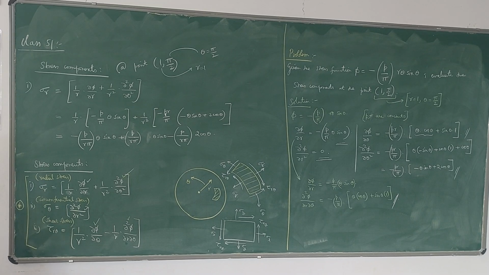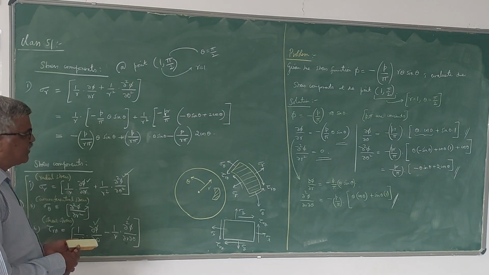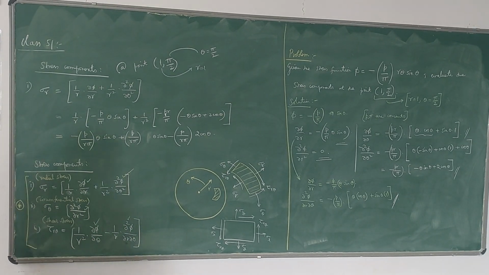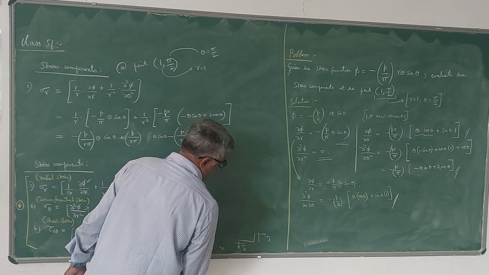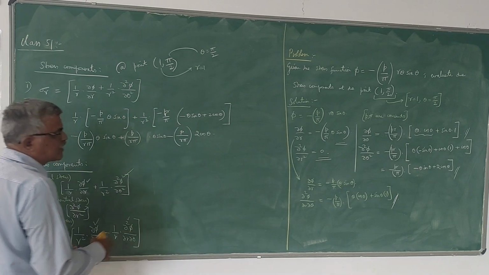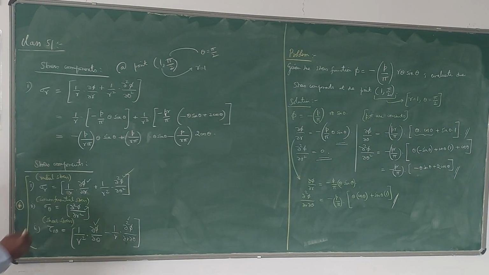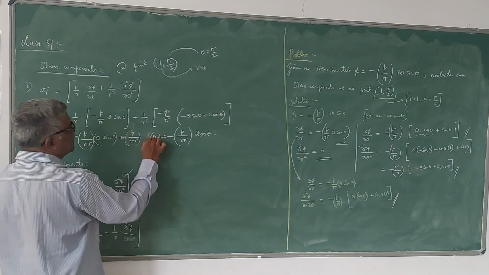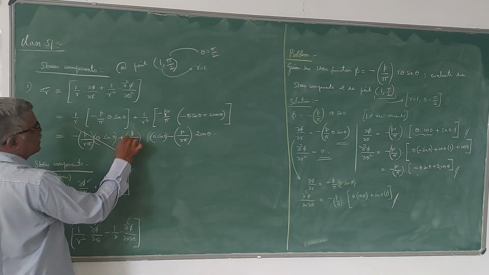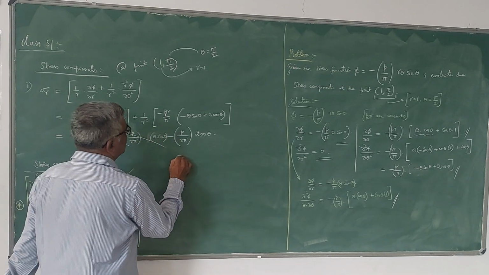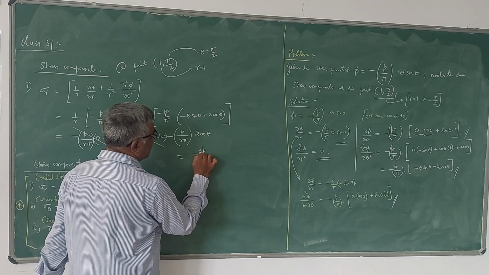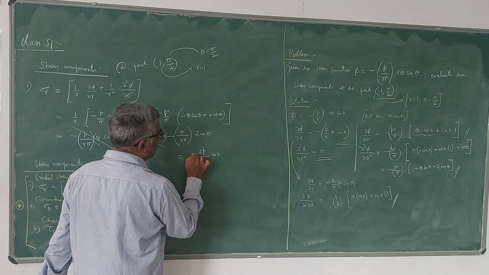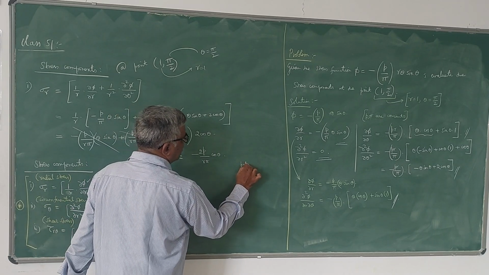Now we will cancel. Which term will get cancelled? First and second cancel, since this is also theta sin theta and this is also theta sin theta. It equals minus 2P by R pi into cos theta. Now we can put R is equal to 1.